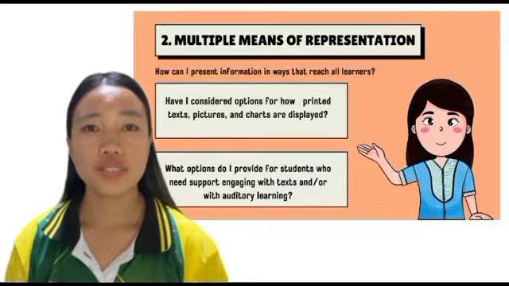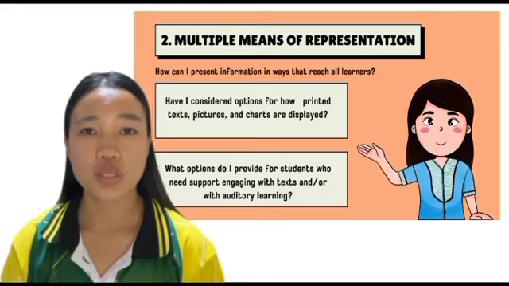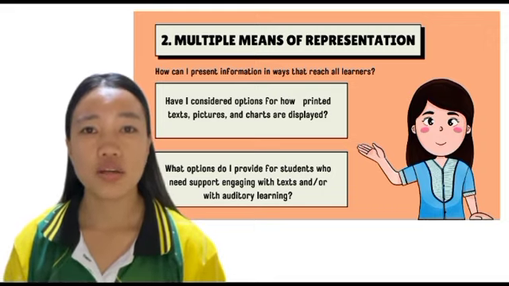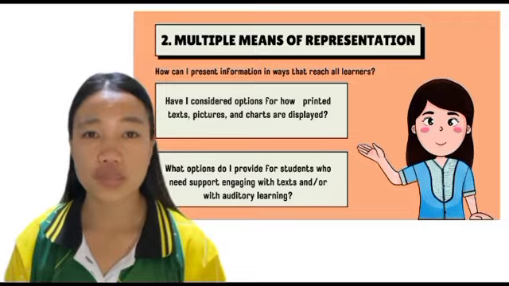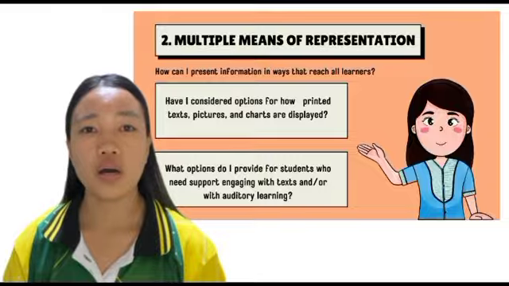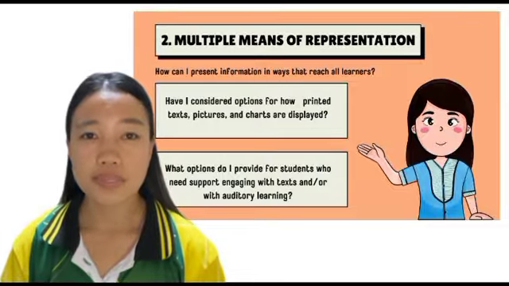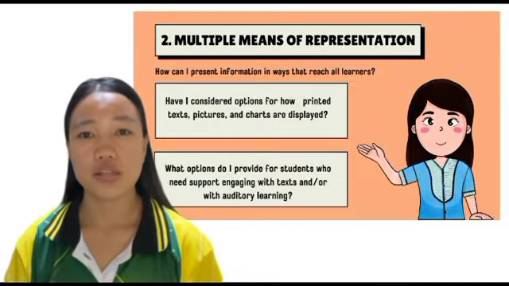For visual learners, we can use pictures, infographics, and videos to explain concepts. Instead of just writing on the board, we can display key points using colorful charts or slides. And for auditory learners, we should allow students to listen to audio recordings of lessons, use songs to teach concepts, and have class discussions.